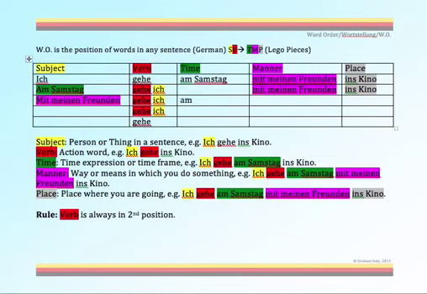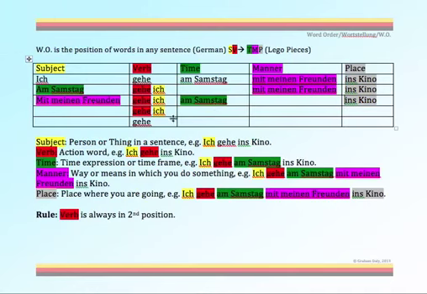Okay, so the time, am Samstag, I'm going to put that in green. Mit meinen Freunden, we already used that at the start of the sentence. And then we're left with ins Kino. Because we're only going to one cinema, we'll use the singular. Ins Kino.